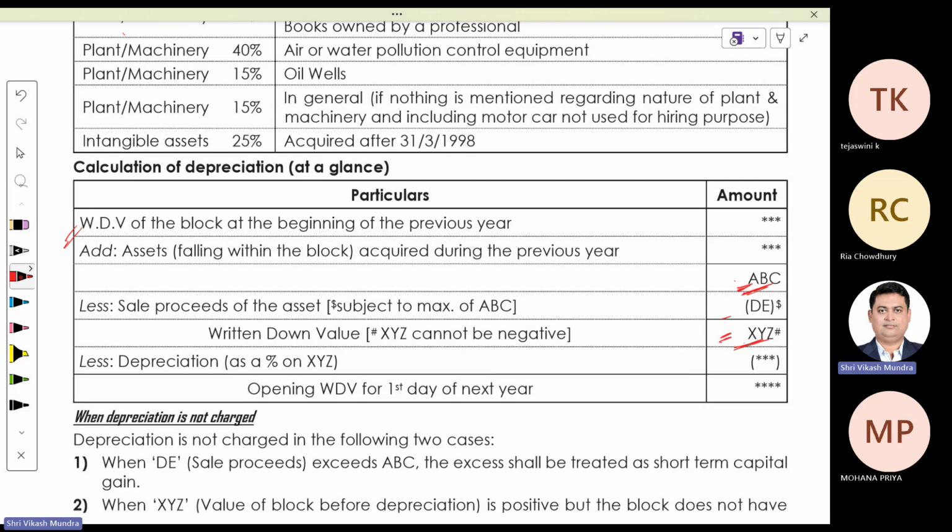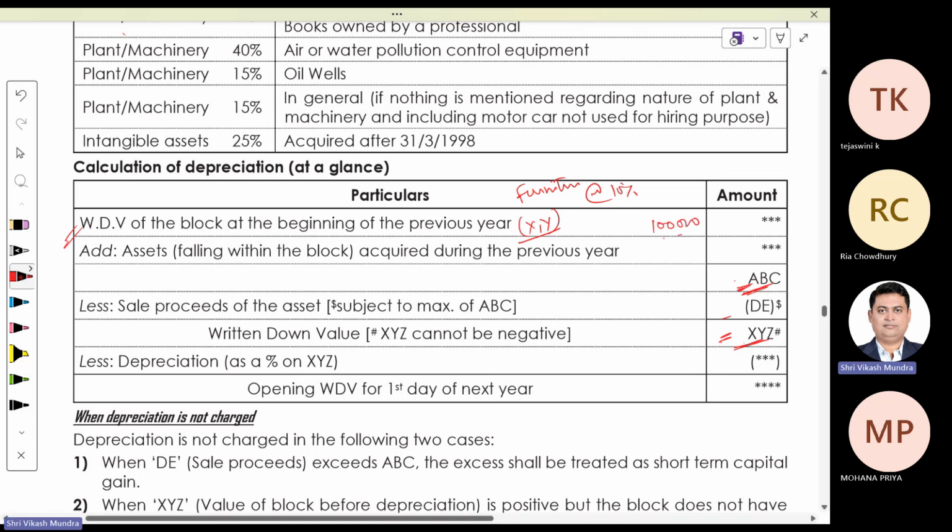Now we are considering a few more examples. Say I have two assets, X and Y. It is furniture in the 10% block. We have two furniture items at 1st April 2023, so the opening block value is, say, rupees 1 lakh.